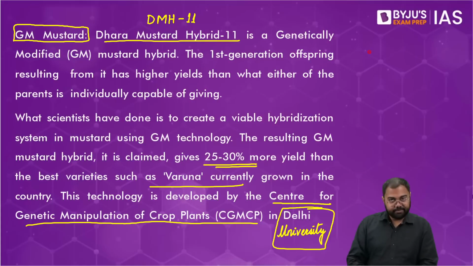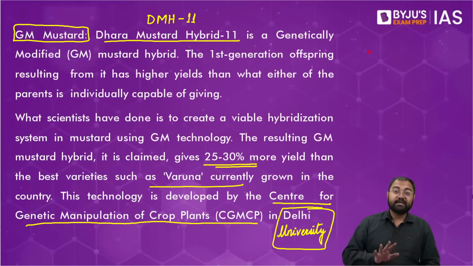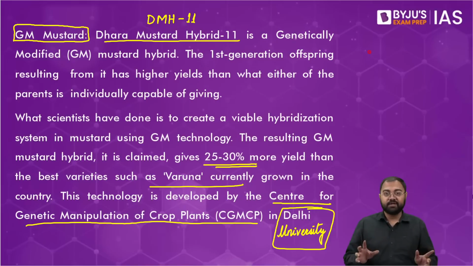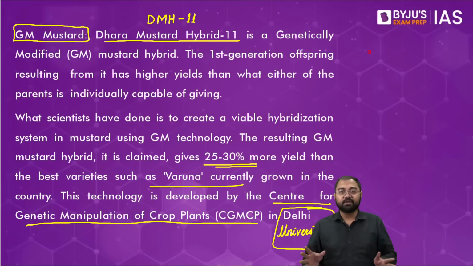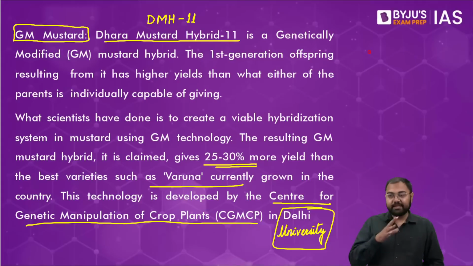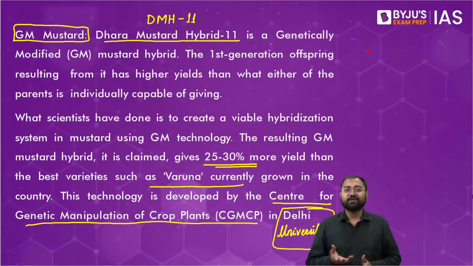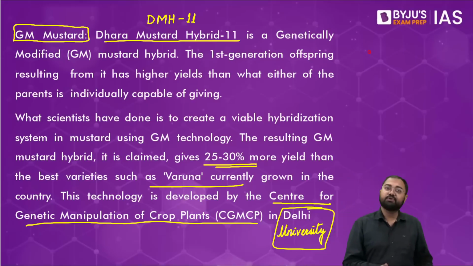Now, when GM mustard is grown, for the first time at a very large scale, a crop that is hugely consumed in India, whether as mustard seeds or mustard oil or in any form, in almost every household in the country, right?